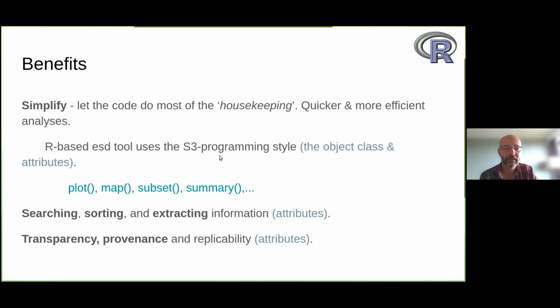And again, it uses the S3 programming style: plot, map, subset, and summary. That makes it easy to search the data and sort it, but also extract information, because sometimes you have bigger data sets and you just want some of it. And again, it provides transparency, provenance and replicability. This actually ties in with the FAIR principles that were mentioned earlier.